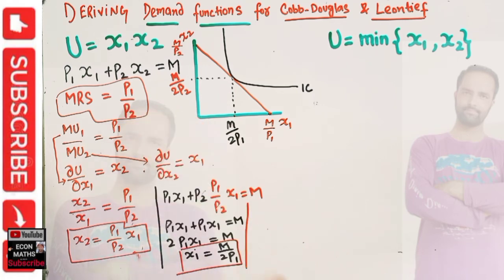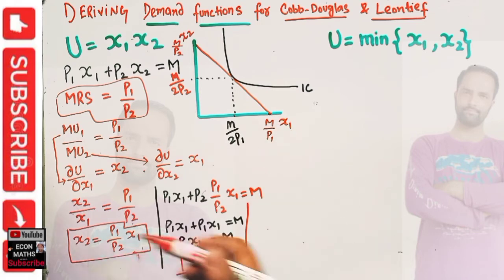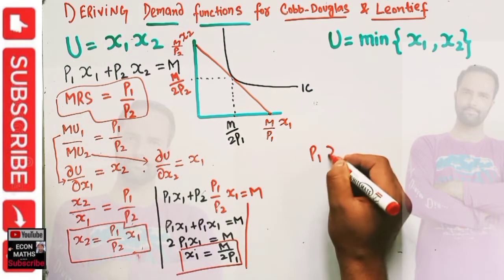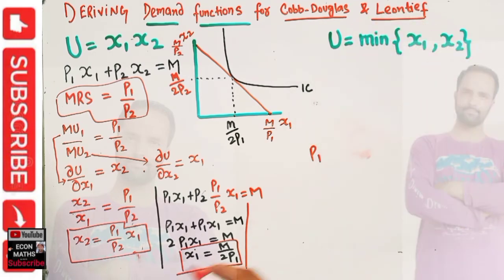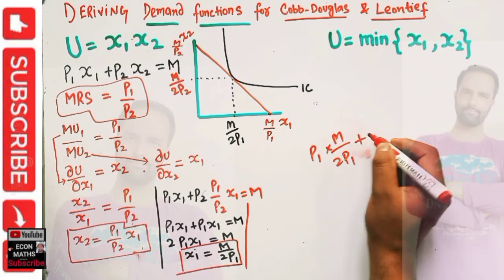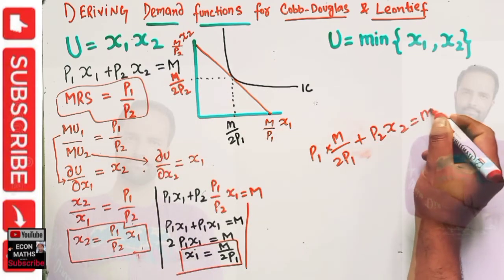So let's put it in the budget constraint. If x1 is equal to this, let me also show it here. We have p1 times the value of x1, which we got as m upon 2p1, plus p2 x2 is equal to m.